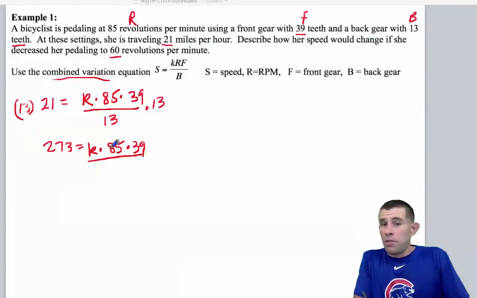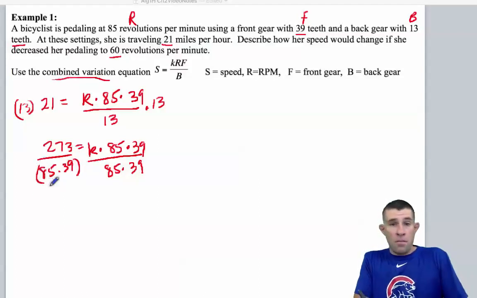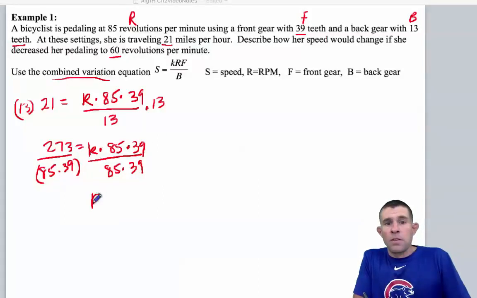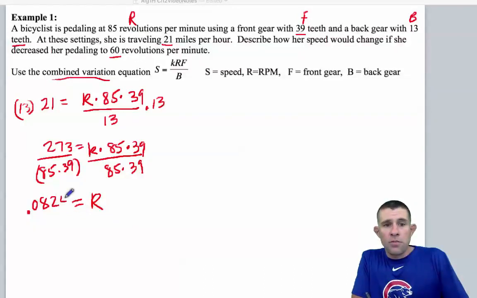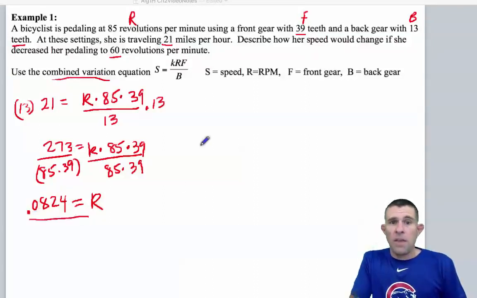Now I need to divide both sides by the product of 85 times 39. And when I take 273 and divide it by 85 times 39, I'm going to get a resulting K value, or constant of variation, of 0.0824.